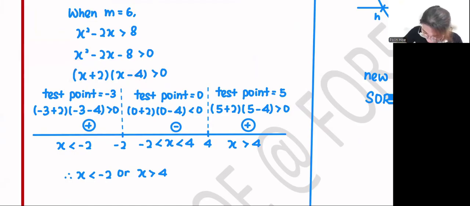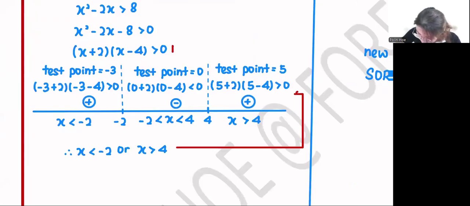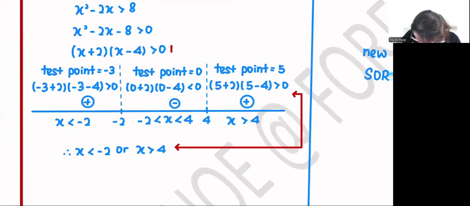This line, 1 mark. The whole number line together with answer, to get 1. So 5 marks for this, 2 marks for part A.